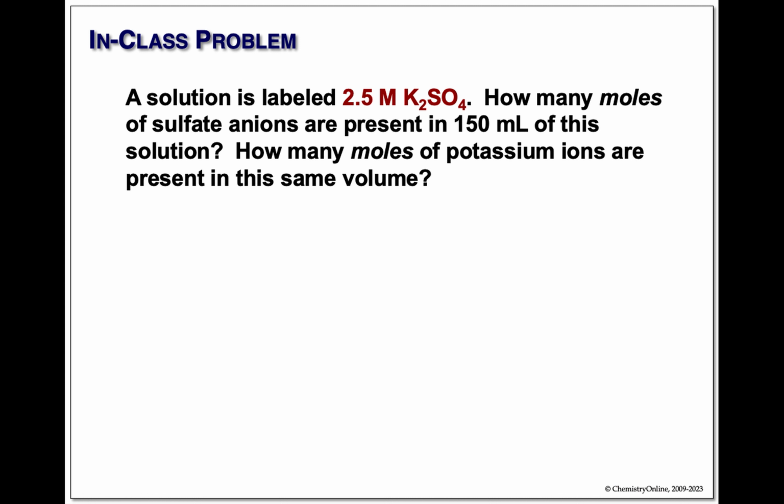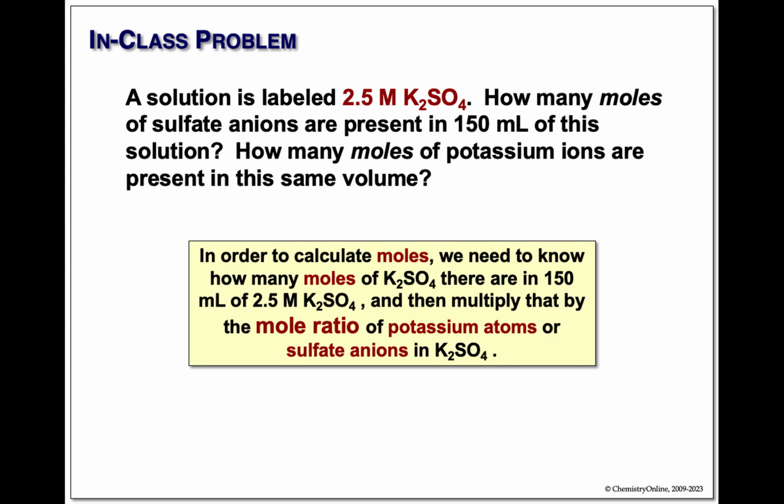How many moles of sulfate are there? We have a concentration and a volume, so that gives us moles, doesn't it? To calculate moles, we need to know how many moles of potassium sulfate there are, multiplied by the mole ratio to get moles of sulfate and moles of potassium.